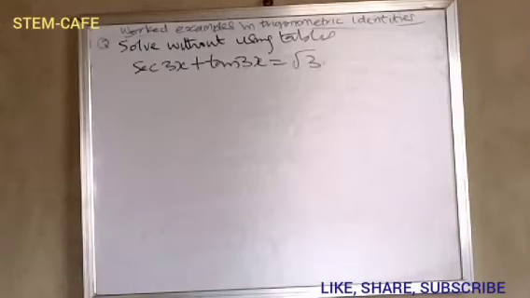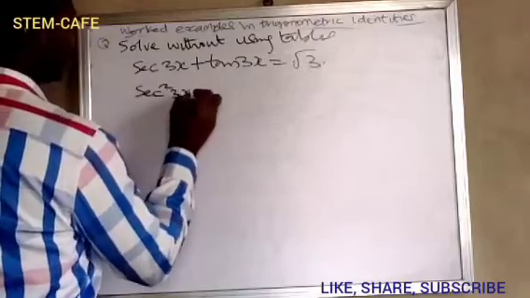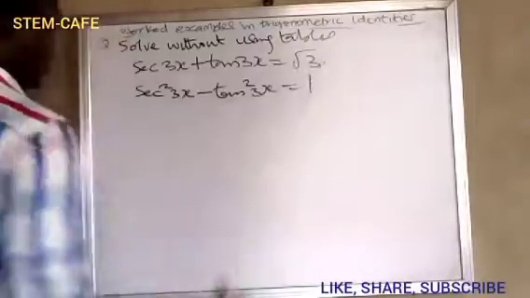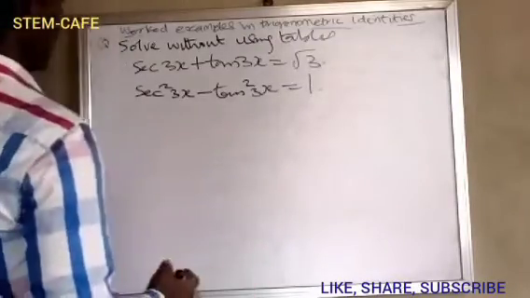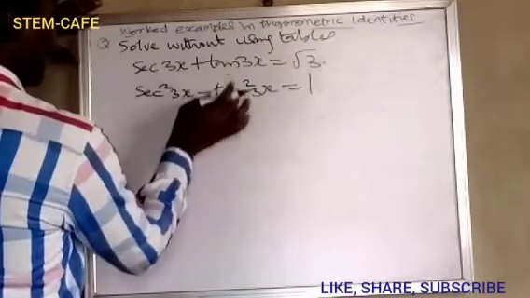Solve without using tables. Sec 3x plus tan 3x equals root 3. Now we know that sec square 3x minus tan square 3x will be equal to 1 from our trigonometry understanding. Now let's divide this one by this.